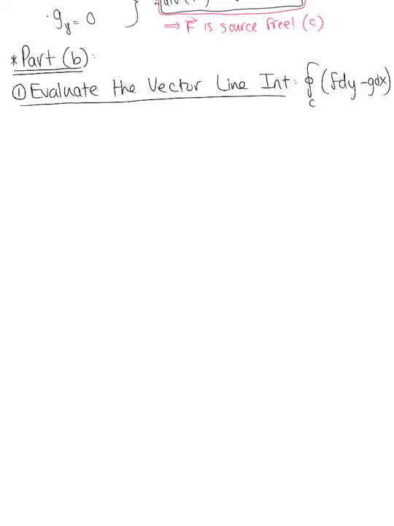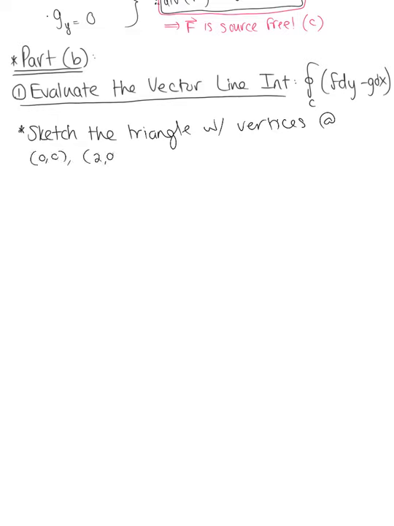So in order to see what our closed curve is, we need to go ahead and sketch this region. So we want to sketch the triangle with vertices at the origin, so at 0, 0, we have the x-intercept 2, 0, and then the y-intercept 0, 1.